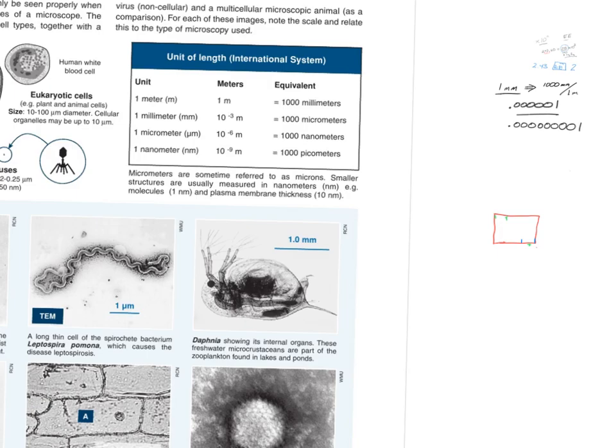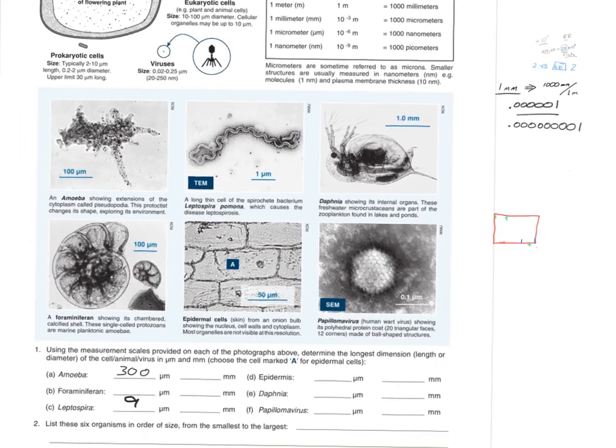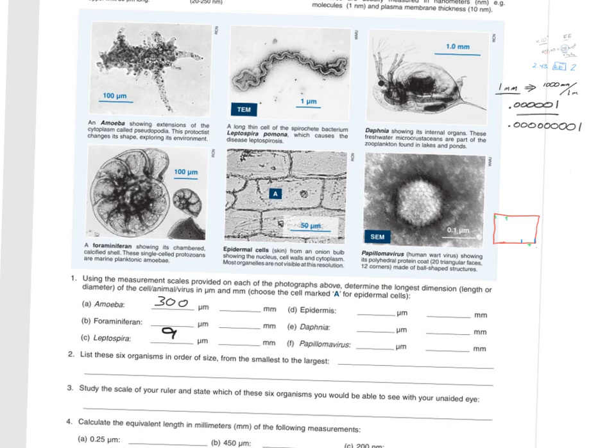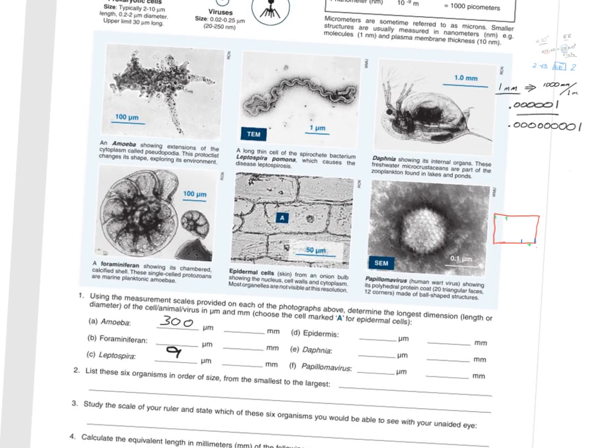So again, the thing they want you to do is to take each of these values that you calculated when you took a piece of paper, a card, or even a ruler, and measured how many of these lines are found from one end of the cell to the other. In the example we looked at with the amoeba, it was 300 micrometers. So now, how do we get to the millimeters?